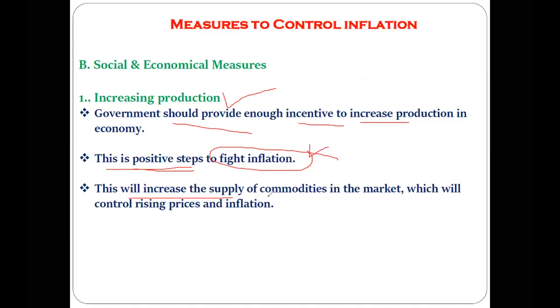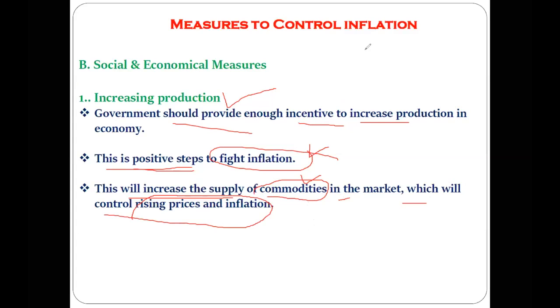So this will increase the supply of different commodities in the market. And if the supply of the different commodities in the market gets increased, that will definitely control the rising prices and the inflation. If the goods and services are available in very much amount, then definitely they can satisfy the demand.